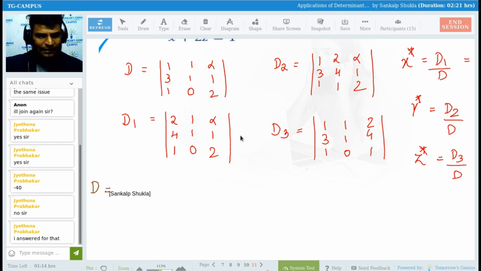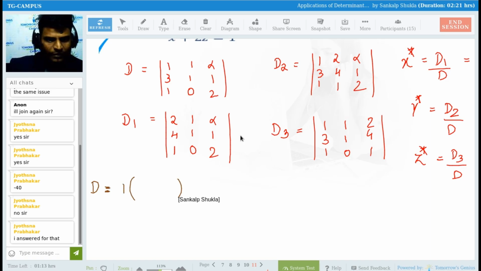The value of D, I can expand it along R1. So 1 it will be here, so it is 2 minus 0. Minus 1 it is here, so it is 6 minus 1.